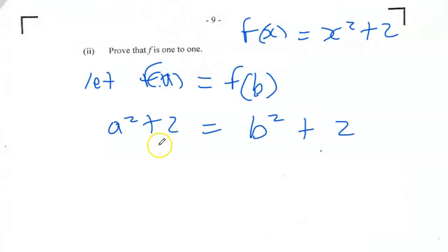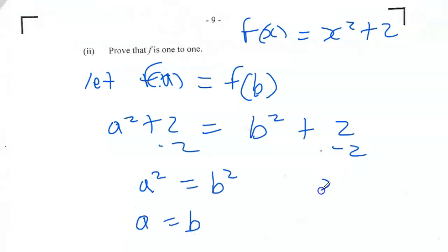We can subtract 2 from both sides and end up with a squared equal to b squared. If we take the square root of both sides, then a is equal to b.